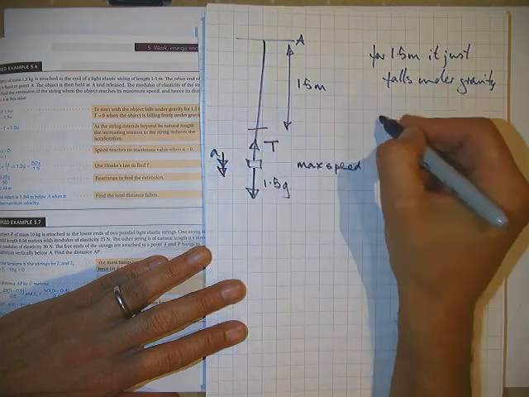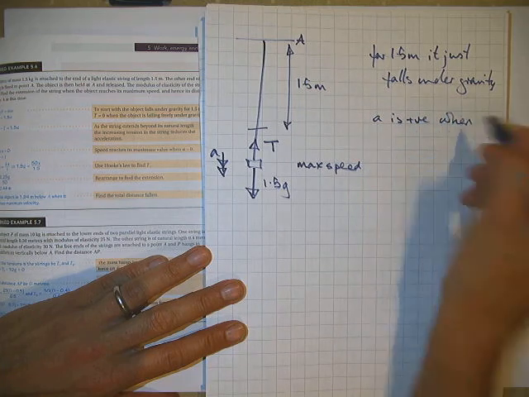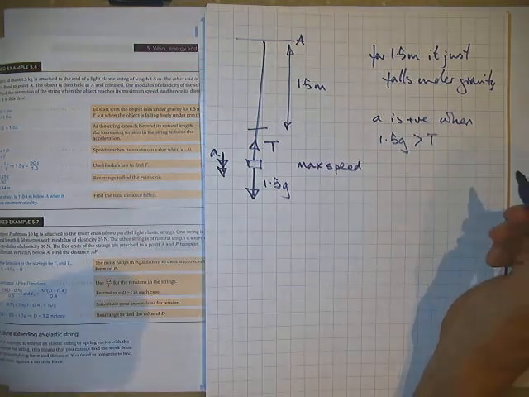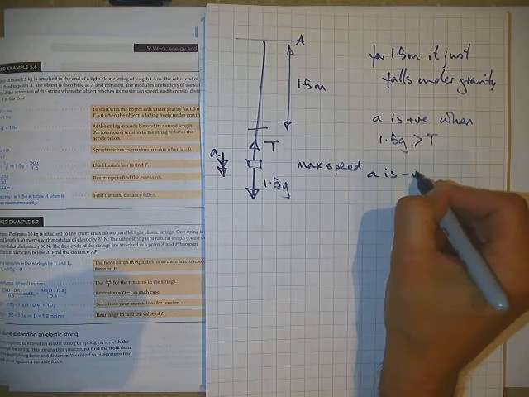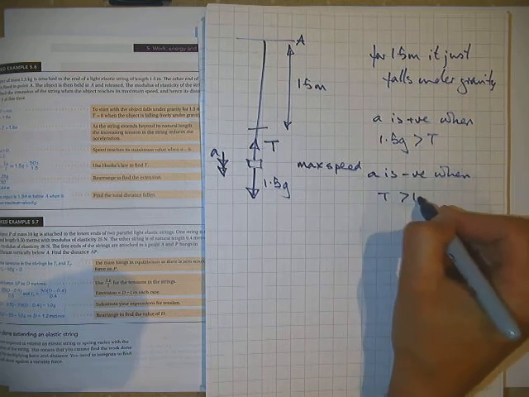So A is positive when 1.5 g is bigger than T. A is negative when T is bigger than 1.5 g.